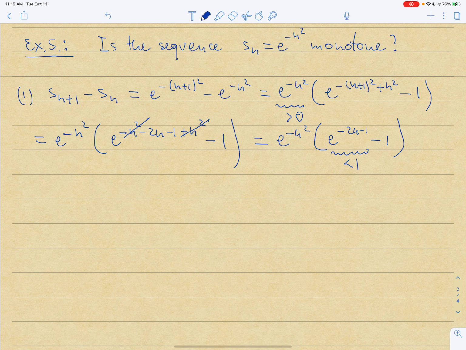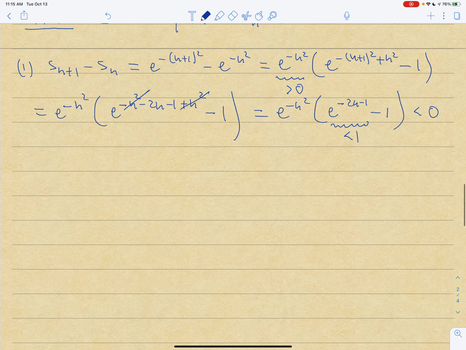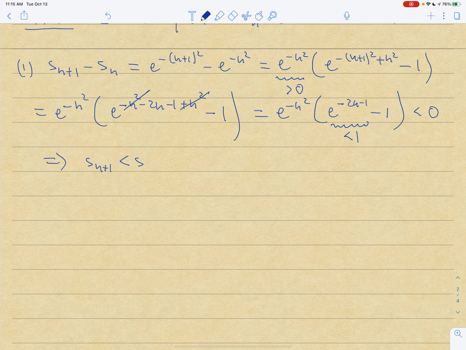And then less than 1, minus 1 is negative, times e to the minus n squared, which is positive, the outcome is that this is negative. And so Sn plus 1 is less than Sn for any n greater or equal than 1, and therefore the sequence Sn is strictly decreasing.